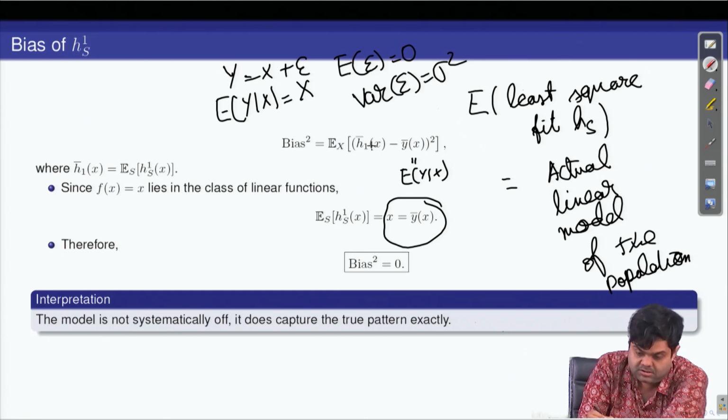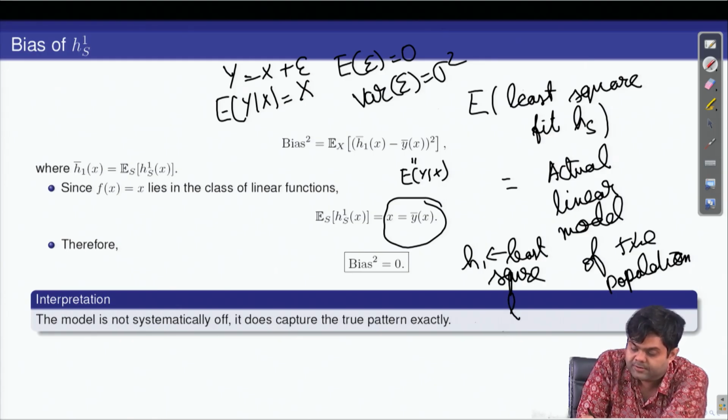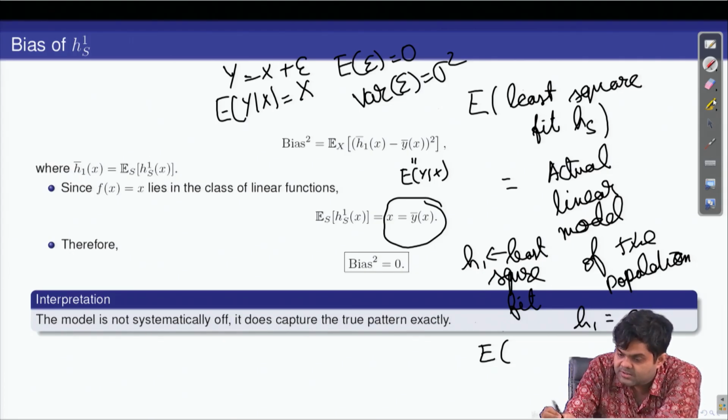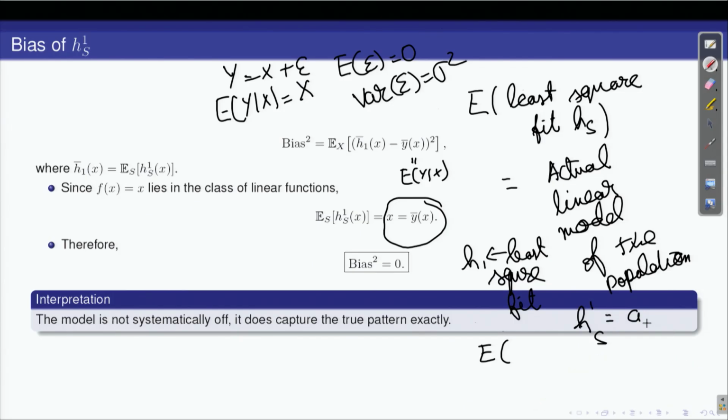And h1 is your least square fit, a_S x plus b_S, least square for S.